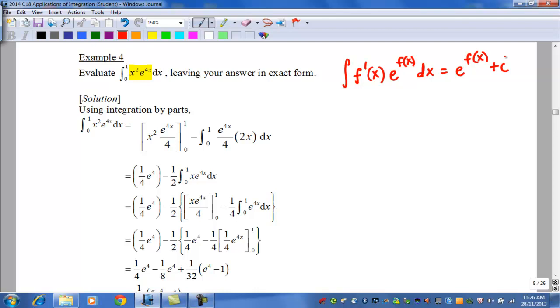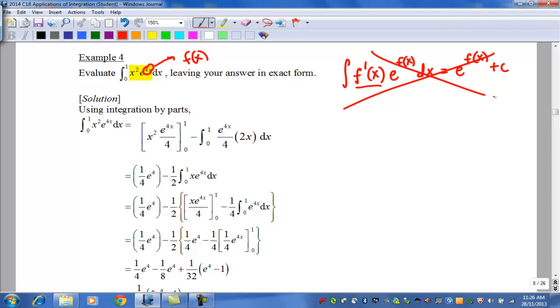Let us observe. Our f x here is the 4x. If we expect f prime x in front, in other words, in this case f prime x is 4, we expect at least a constant in front. But no, we are seeing x squared in front. In other words, this method does not work.